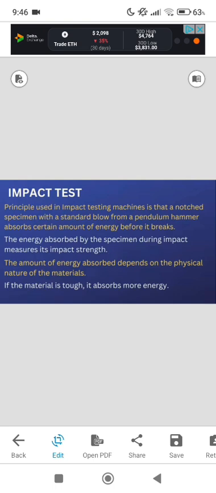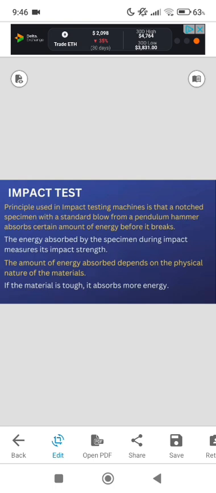Izod and Charpy tests differ in the dimensions of the specimen and the position of the specimen placed in the anvil of the pendulum impact machine. First is specimen dimension. When we test the material, a cuboid specimen is taken.